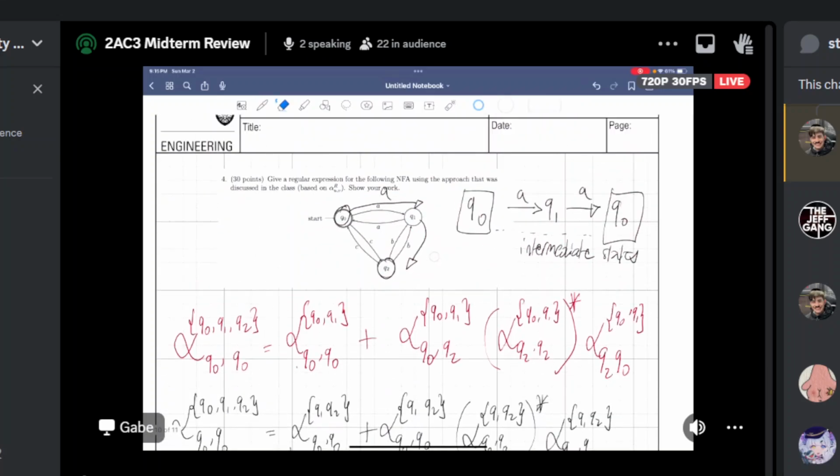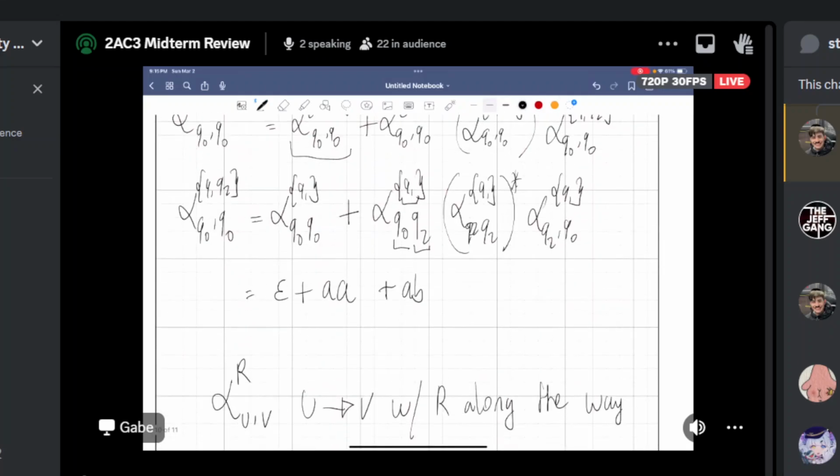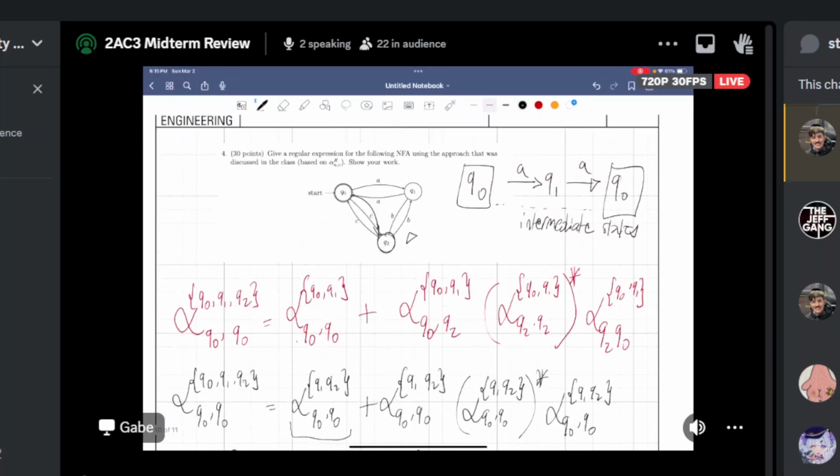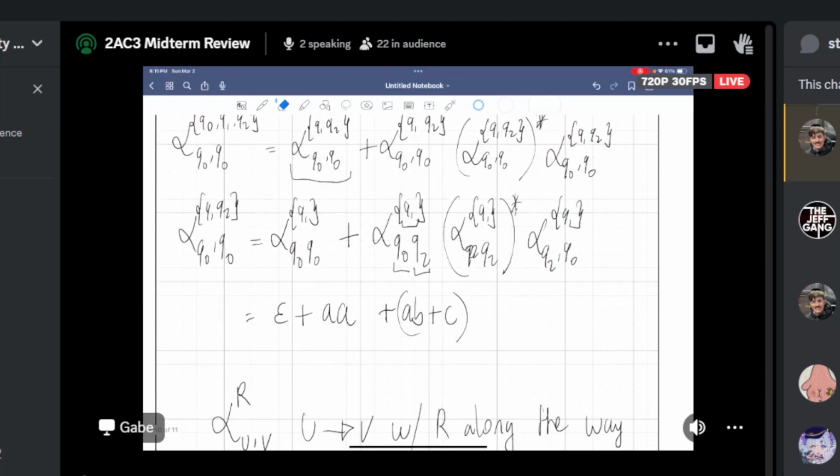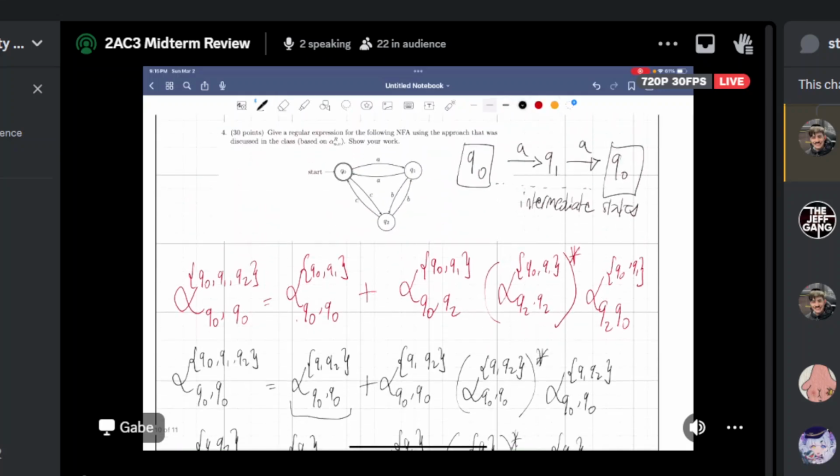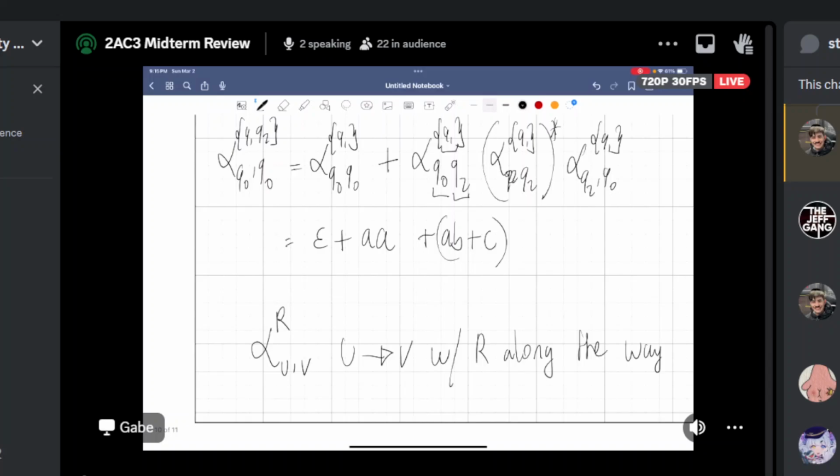Or you can just go to Q2 directly, so using C. So Q0 to Q2 is C, or you can pass by Q1 because we allow that. Okay, so that solves that one.